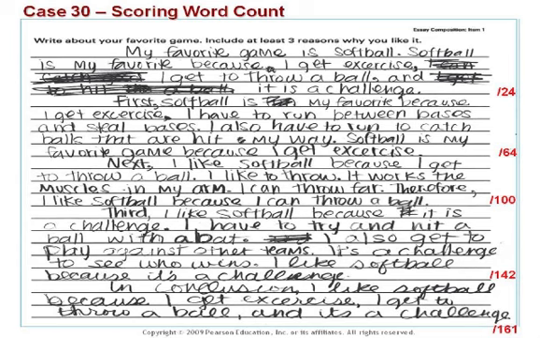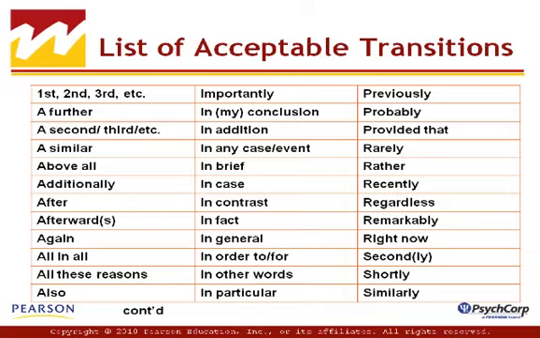And once you've looked at those words, you go to the list of acceptable transitions that is included in the examiner's manual and also in that quick scoring guide, and you identify the number of words that appear within that list. And you're looking for unique transition words. So if I used the word "therefore" several times, it'll only count once.